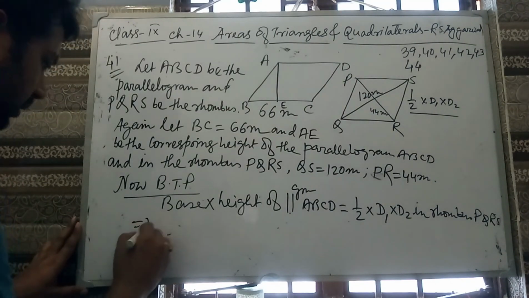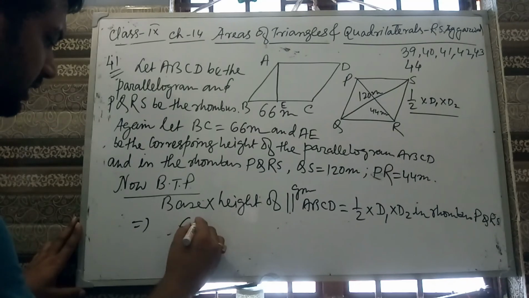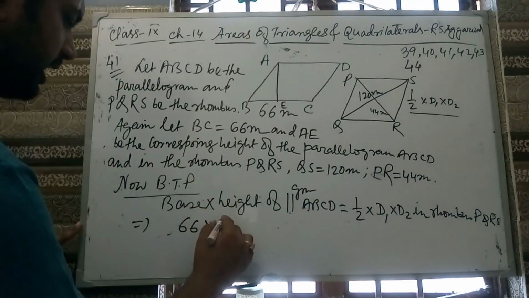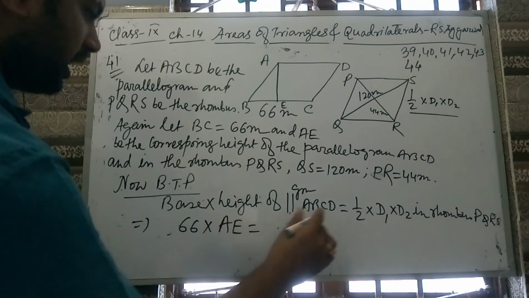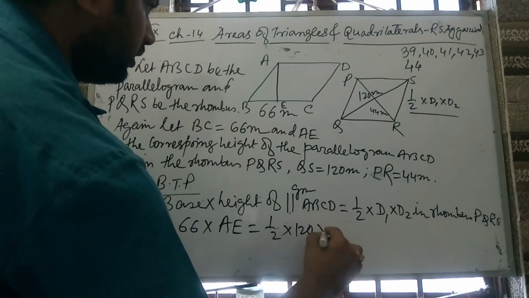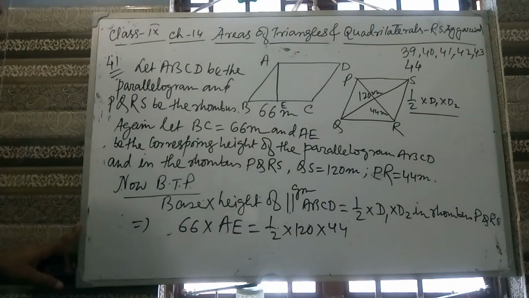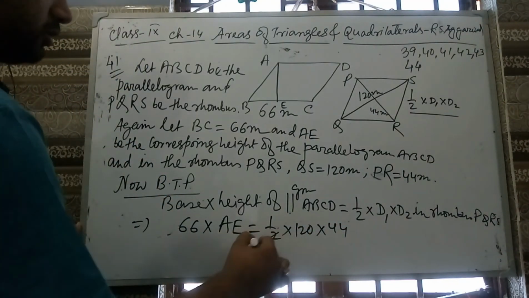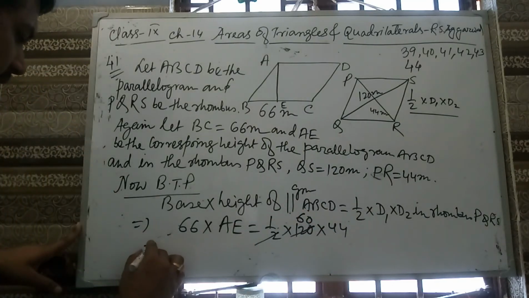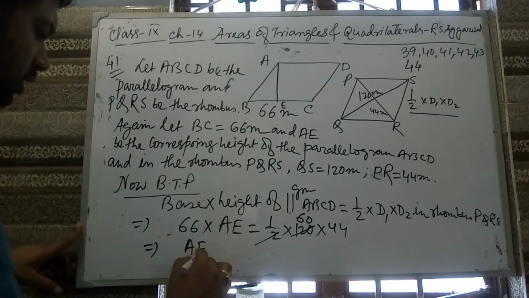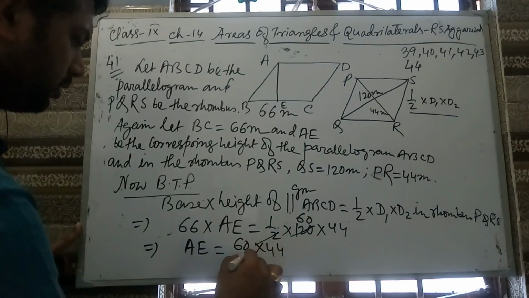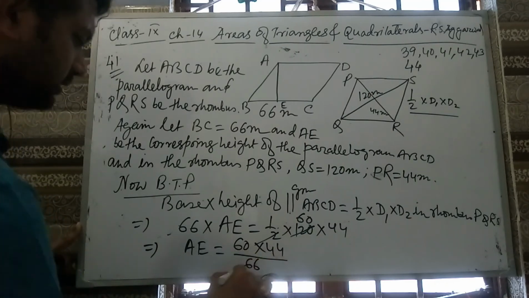So that implies base into height means 66 into corresponding height is AE. Here half into diagonals are 120 into 44. These 2 and this 120 cancel out. So that implies AE equal to 60 into 44 by 66.